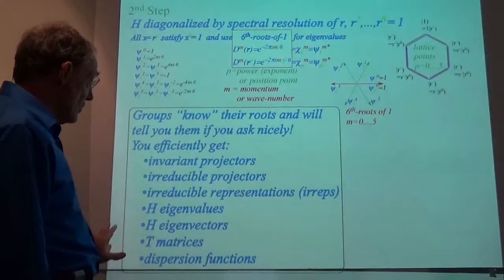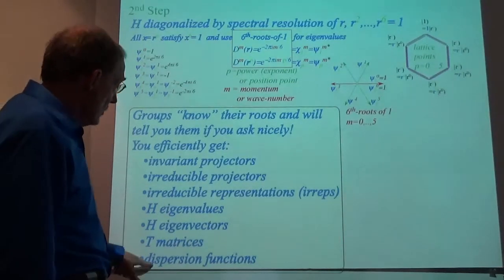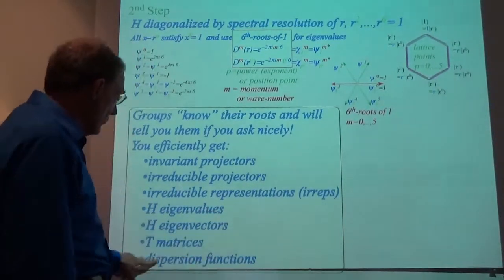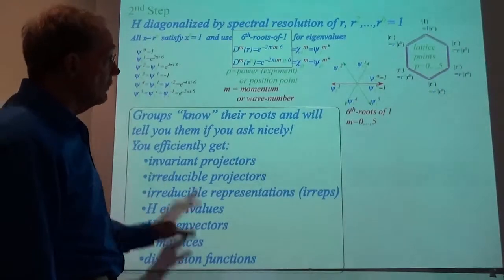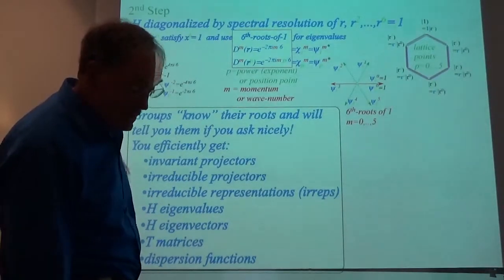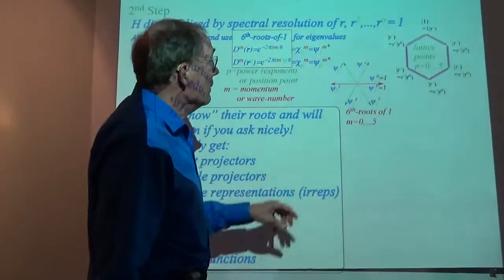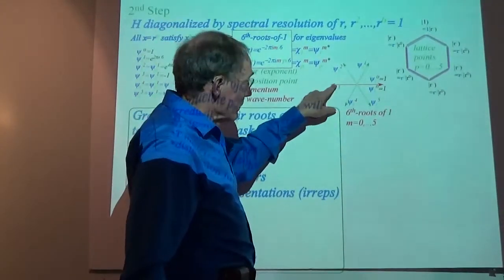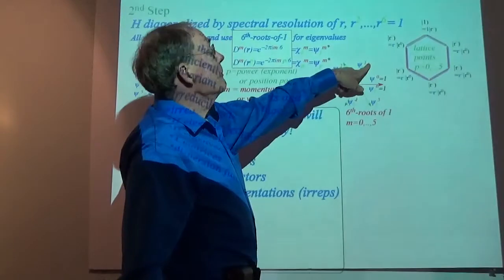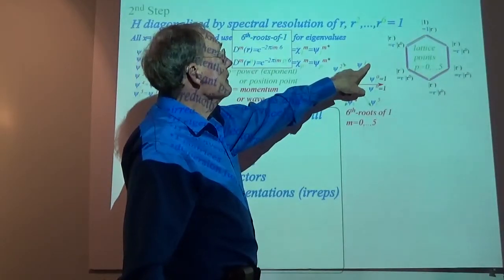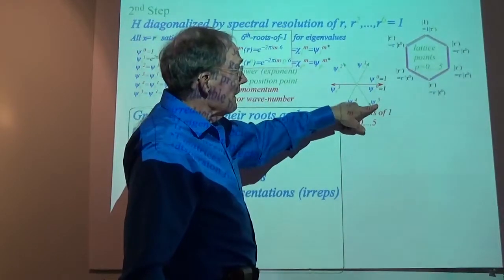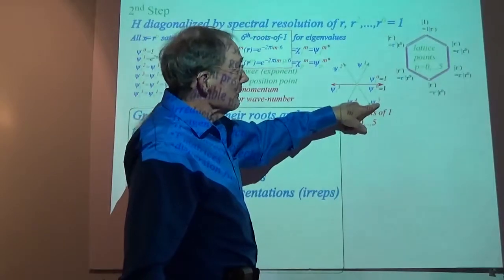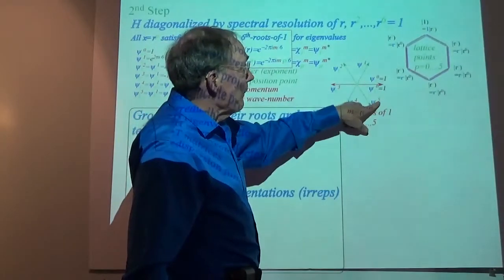We will not talk about that today, but we will talk about how the eigenvalues make dispersion functions that are very useful for all kinds of physics. So once again, here are the 6 roots of unity: 1 and -1, and then e to the 2 pi i over 6, e to the -2 pi i over 6, which we call e to the 5th power.